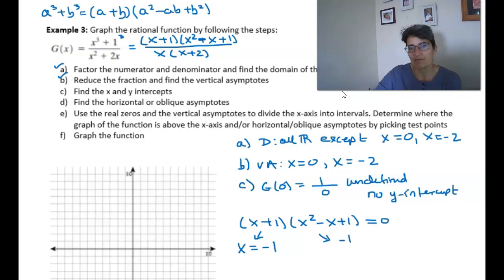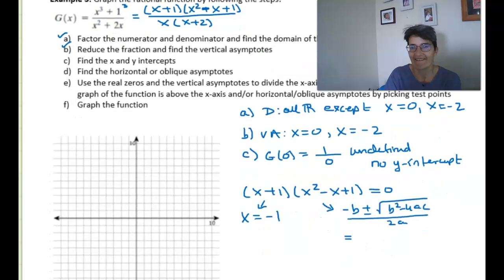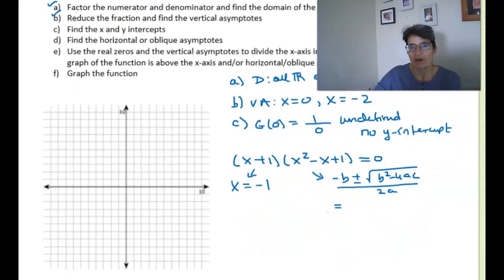Right? If I do negative b plus or minus the square root of b squared minus 4ac over 2a, we get 1 plus or minus the square root of 1 minus 4 times 2, which is 8, divided by 2. So notice that this is -7 in here.